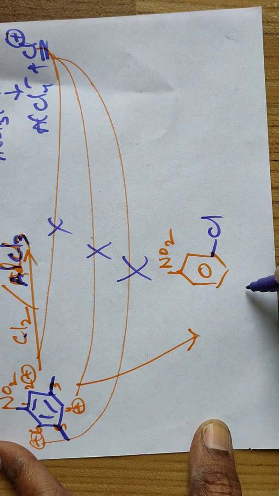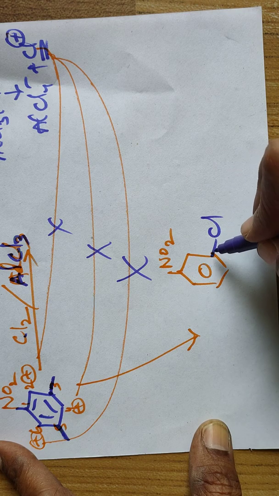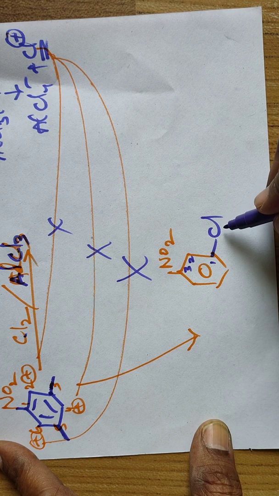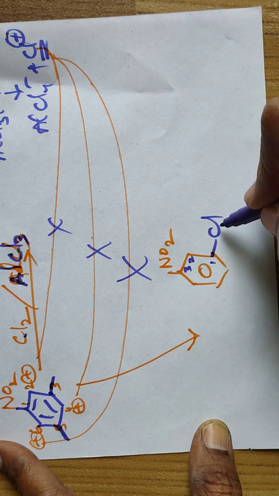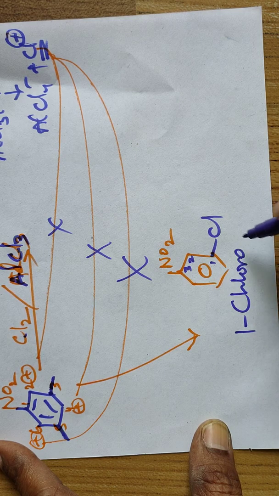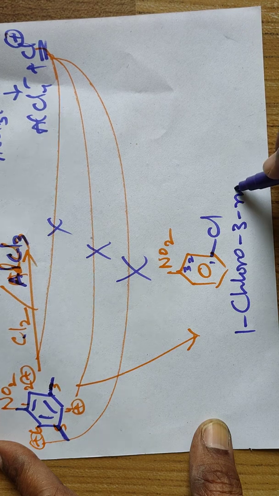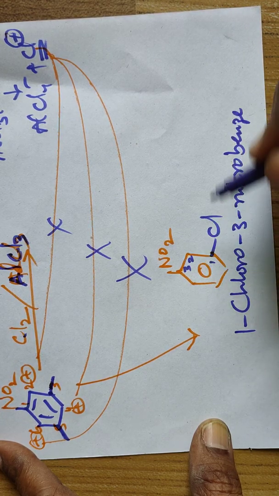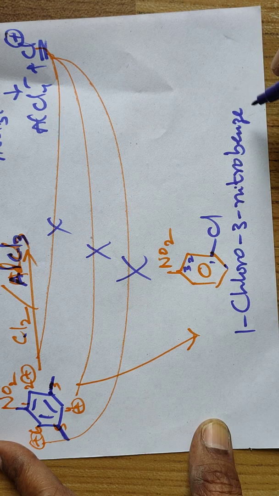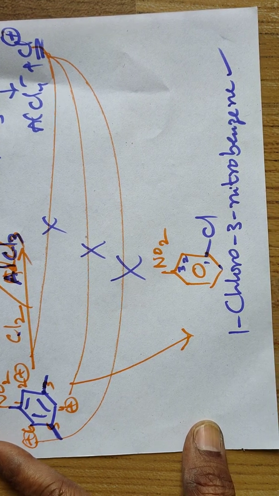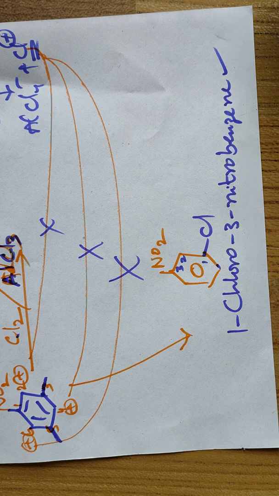For your better understanding: first carbon, second, third, as per nomenclature, chlorine Cl, nitro N, lowest number given to Cl, so its name is 1-chloro-3-nitrobenzene, but not the second position and fourth position, which will not be formed. So the NO2 group is a meta directing group. 1-chloro-3-nitrobenzene is the product; this will be repeated in the second year, all these things. So prepare well, dear students.